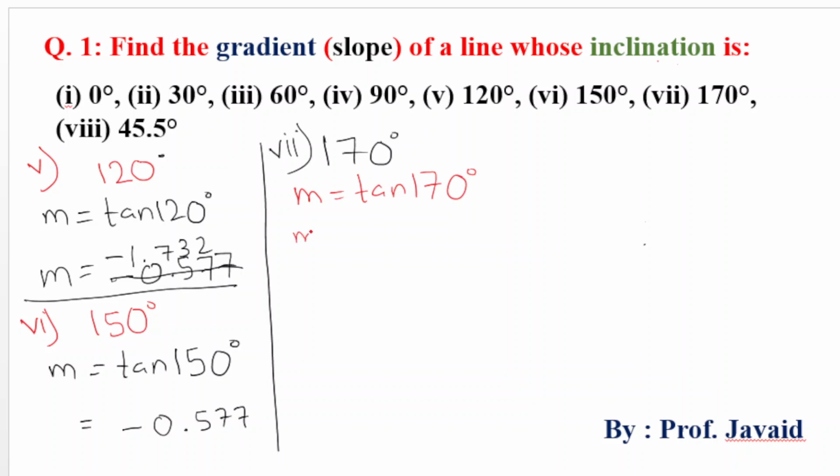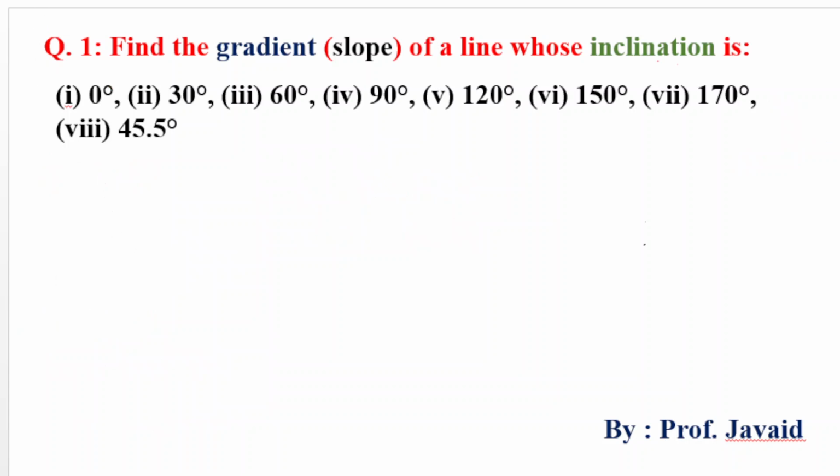The second quadrant basically starts from 90 and its limit is 180. So 170 is also in the second quadrant, so again you will get the negative answer, so that will be 0.176.